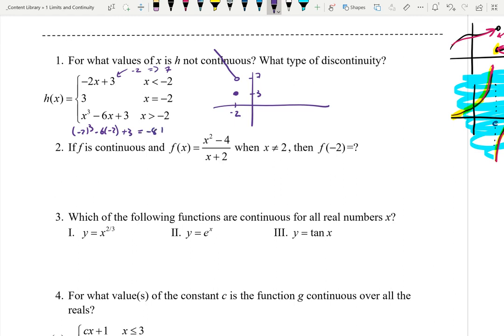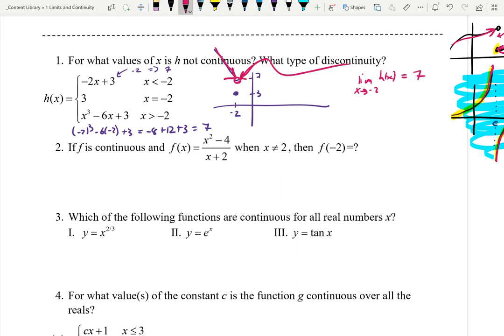That is -8 plus 12 plus 3. That is 7. So the cubic function is also going to have a height of 7, and then it's going to go off and do whatever it's going to do. So in this case, we have the limit as x approaches -2 of h of x existing and being equal to 7, because the left side comes in at a height of 7, and so does the right-hand side.